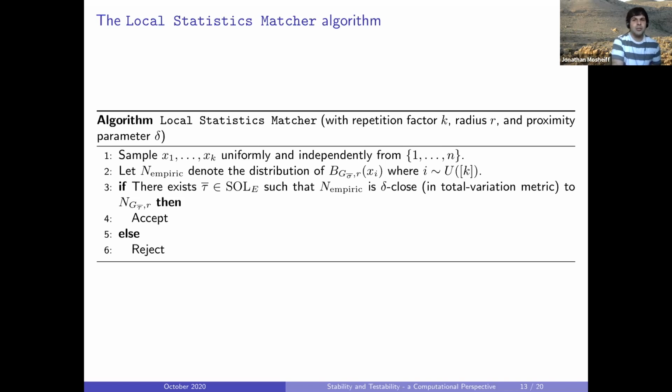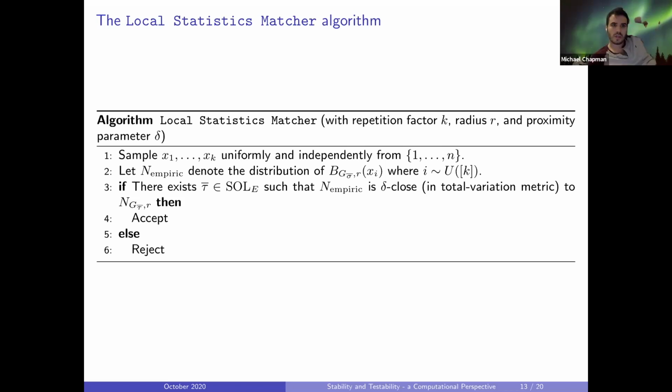So that should work. The question, of course, is about soundness. Are there tuples that are far from being a solution, that would still get us an empirical distribution that's close to that of some solution?